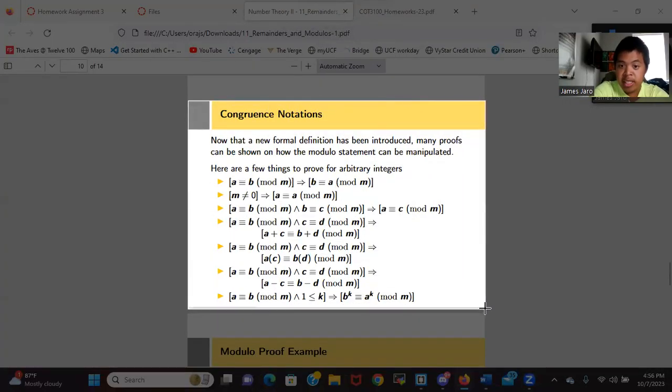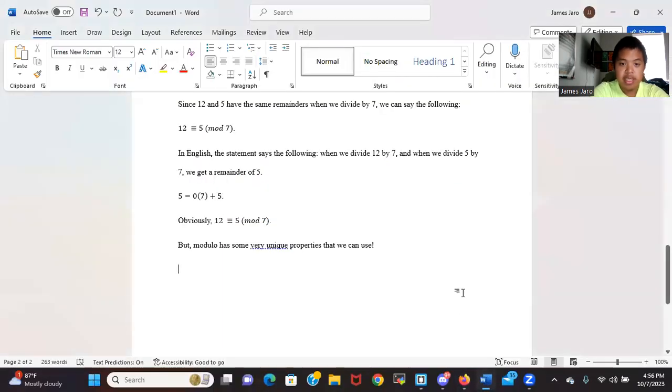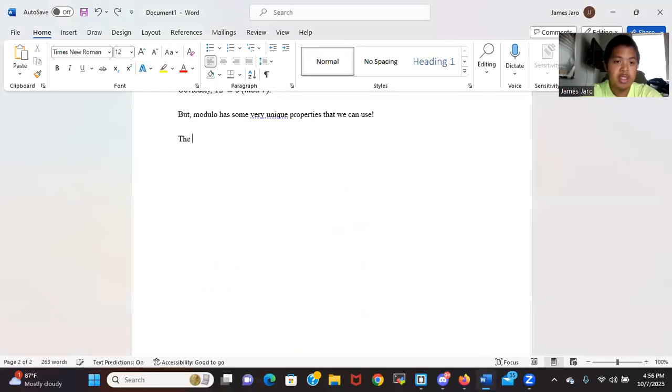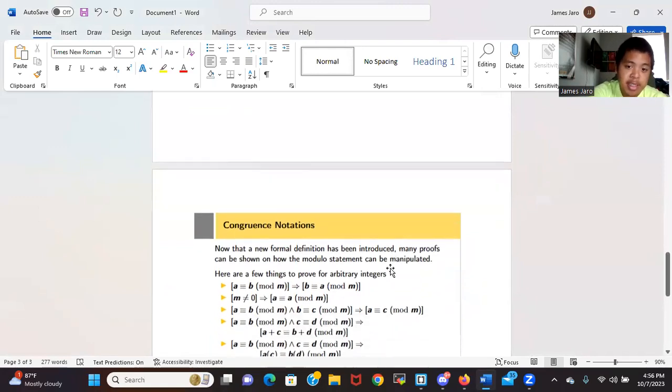I can explain this another day, but the picture below shows some interesting properties of modulo that may be useful.